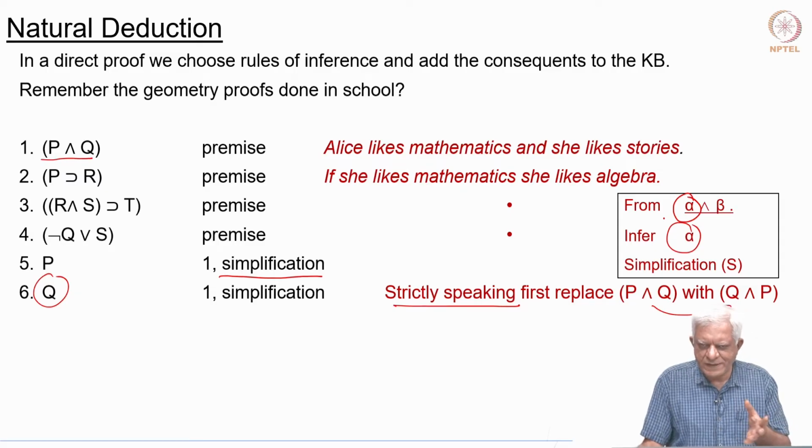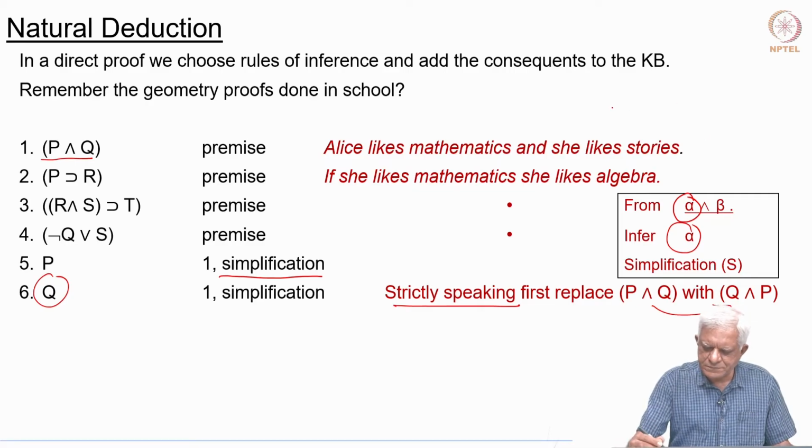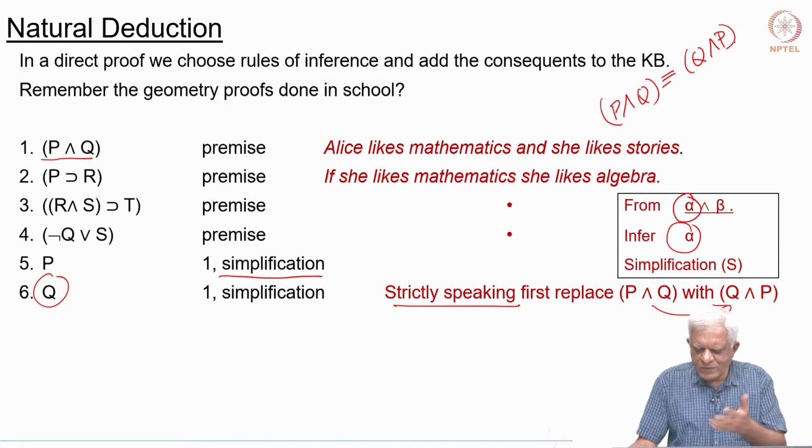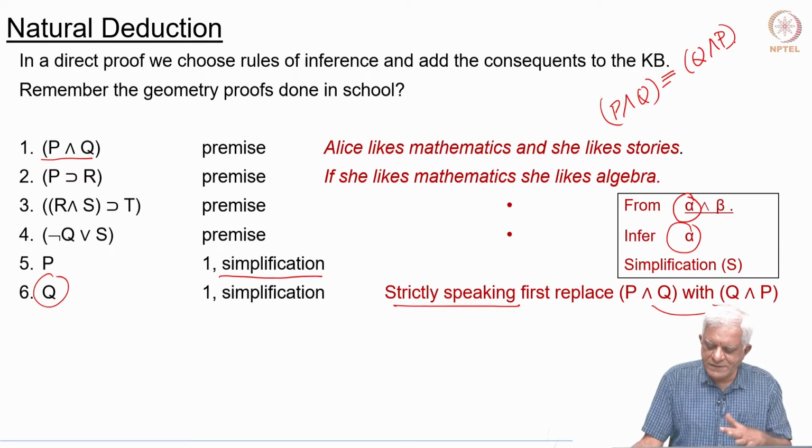Of course, we understand the semantics and we know that P and Q is logically equivalent to Q and P, the rule of commutativity of and, and we could have replaced it there. But in this natural style proof of reduction, we must actually first add Q and P to the formula and then derive Q, but we often take the shortcuts and they are kind of acceptable.